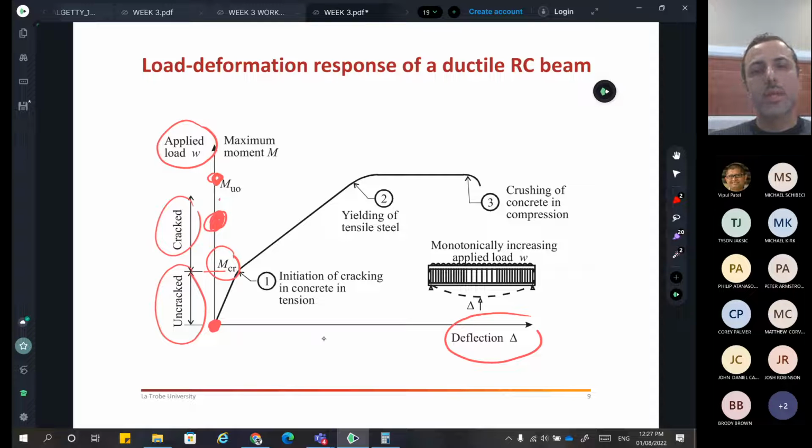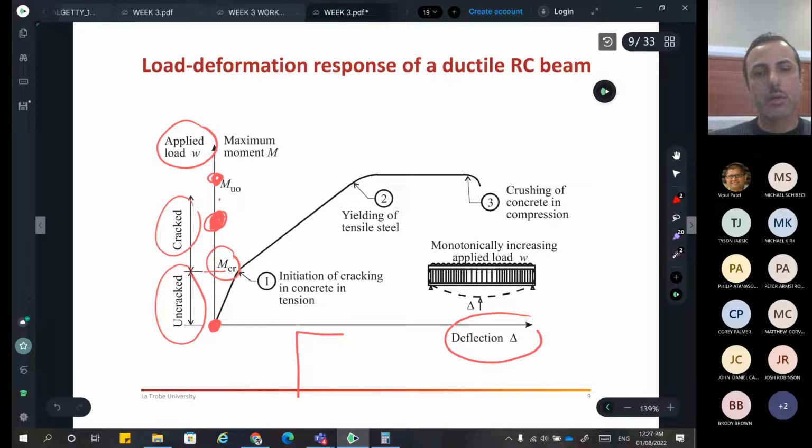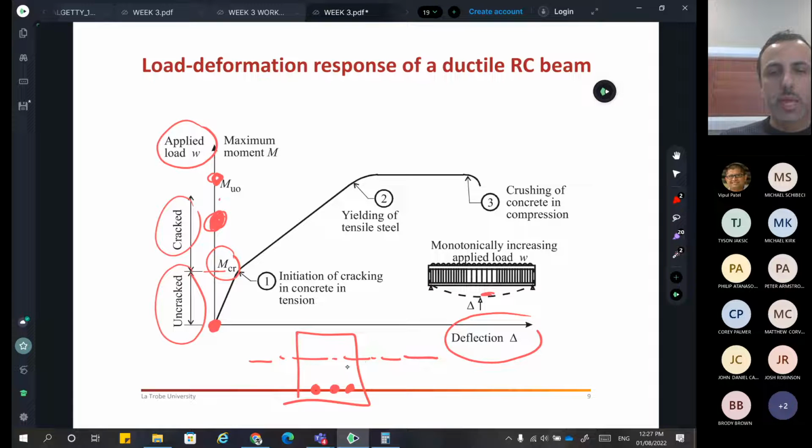Because when the cracks happen, that means the steel will start working at the tension side and the system will start working. So if I make a quick rectangular section here, with the reinforcement at the bottom, where the tension is, remember it's simply supported, so the tension is at the bottom. And there is the neutral axis. We talked about this in mechanics of solids. The area below the neutral axis is actually going to crack at this level.